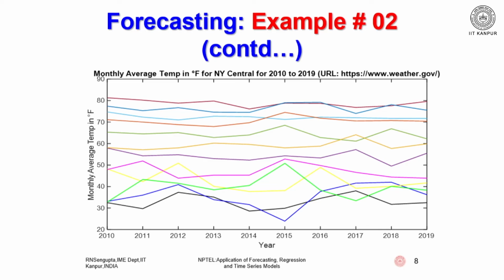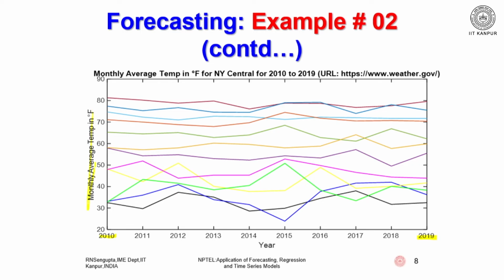So, this is the pictorial diagram of the monthly average temperature in Fahrenheit for New York Central Park for 2010 to 2019. You see the years from 2010 till 2019 are given on the x axis, and the temperature in Fahrenheit is given on the y axis.